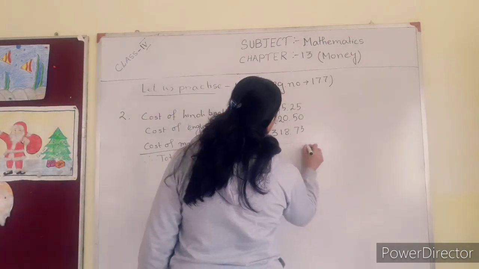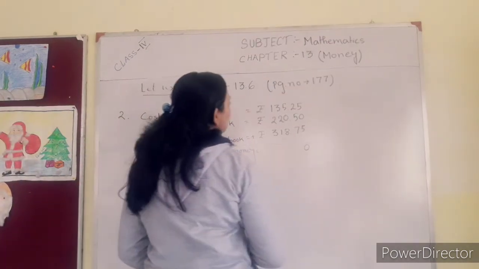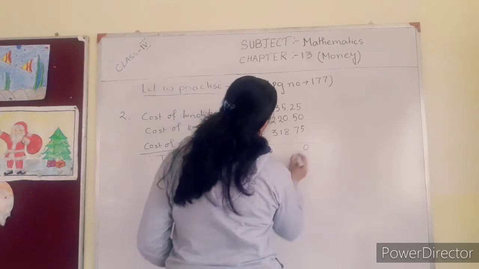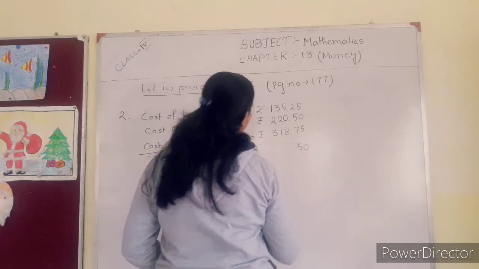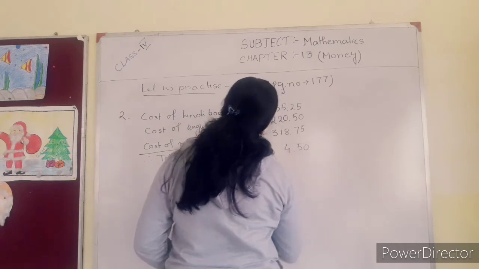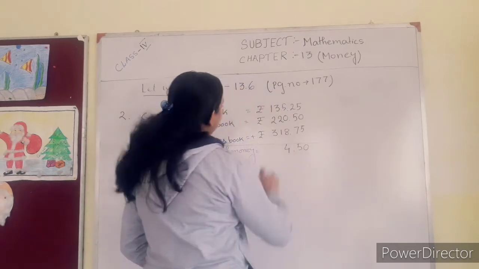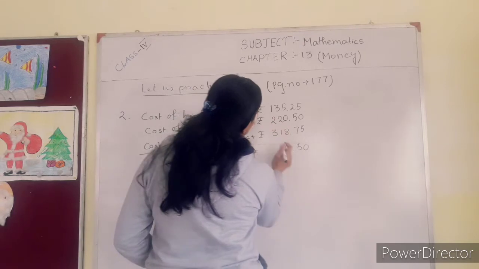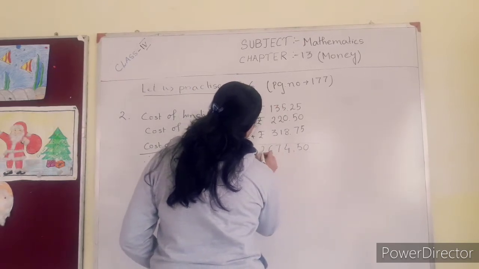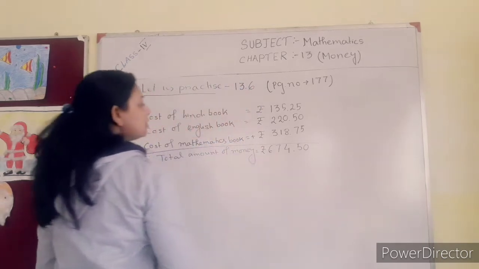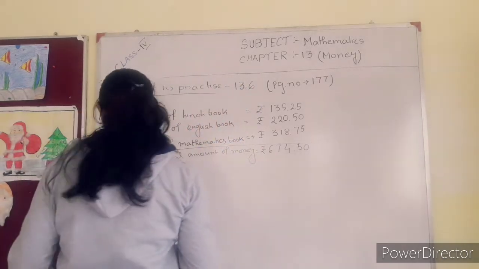5 plus 5 is 10, 1 is in your hand. 2 plus 1 is 3, 5 plus 3 is 8, 8 plus 7 is 15, again 1 is in your hand. 5 plus 1 is 6, 8 plus 6 is 14, 1 is in your hand. 3 plus 1 is 4, 4 plus 2 is 6, 6 plus 1 is 7, 2 plus 1 is 3, 3 plus 3 is 6. So the answer is rupees 674.50.